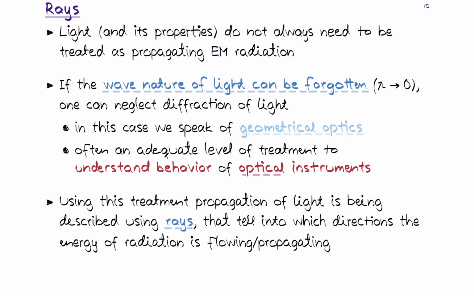Quantitatively, the direction of a ray tells us in which direction the energy of the radiation is flowing. Physically, it tells us how much energy is propagating from point A to point B along the direction of the ray.